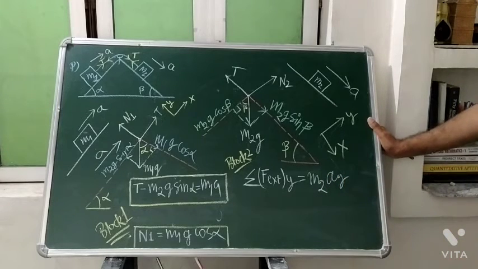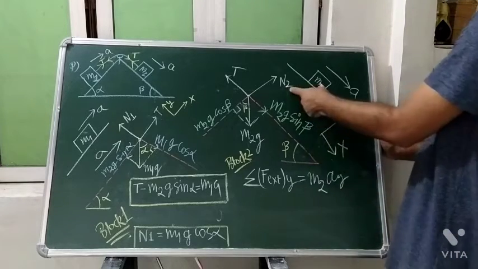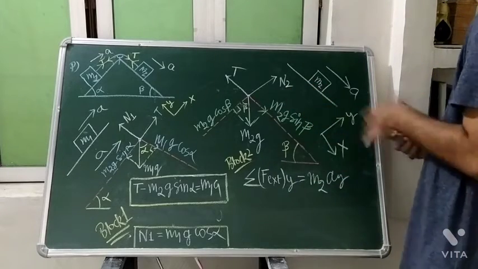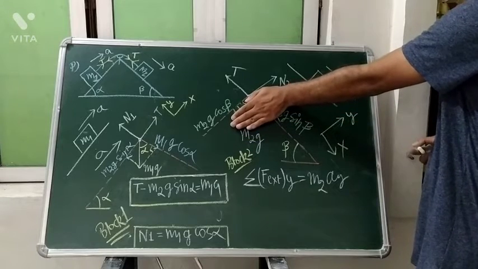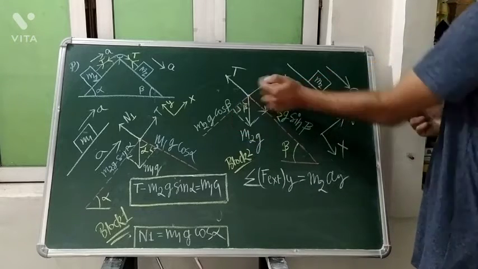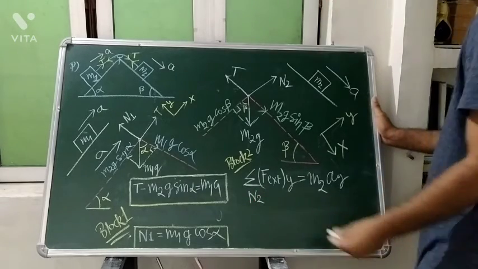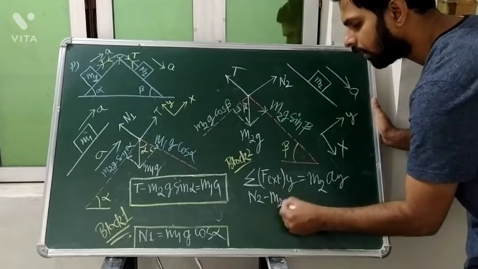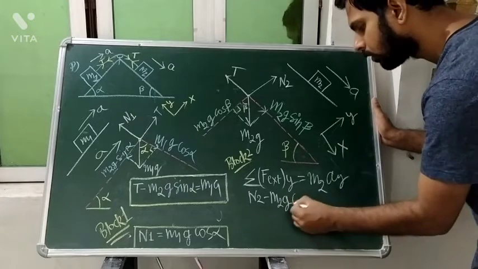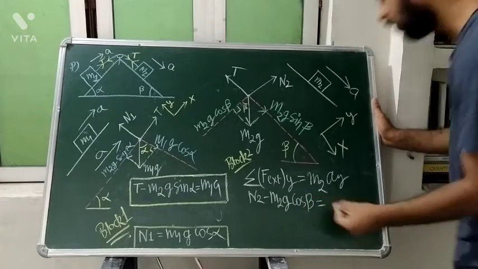Is there any acceleration present in the y direction? No. So of course the external forces acting in that direction are only m2g cos beta and N2. Upside we can say as our positive. So N2 minus m2g cos beta will be what?